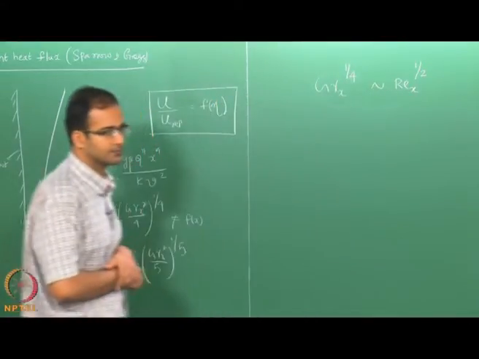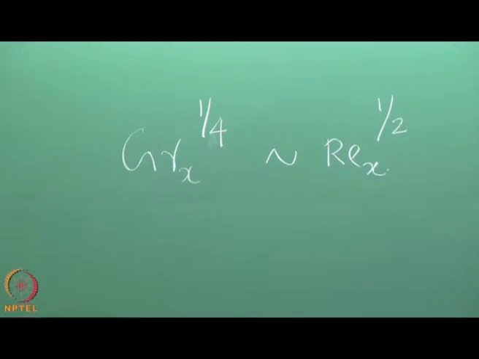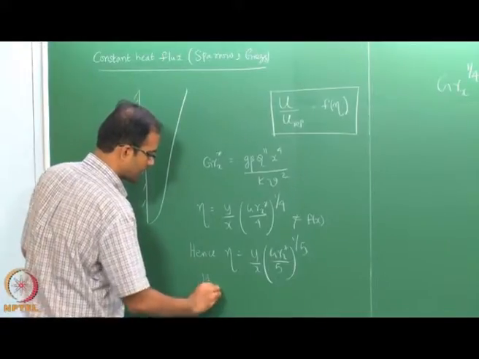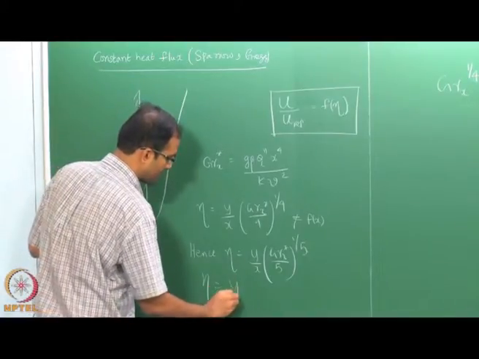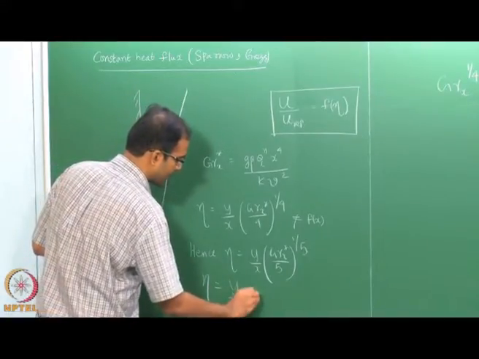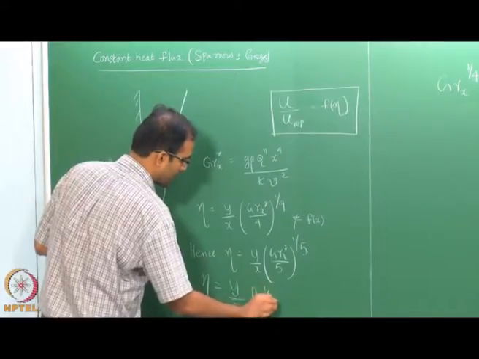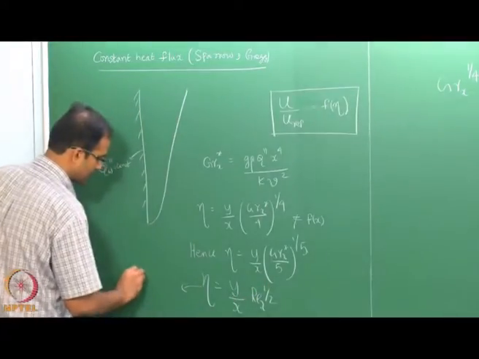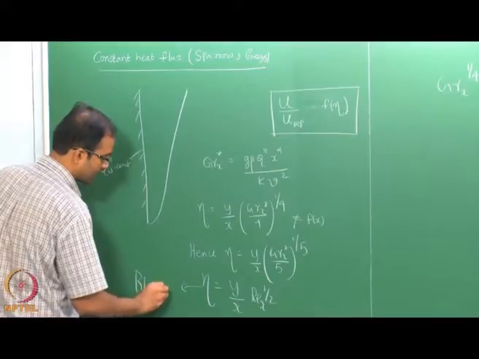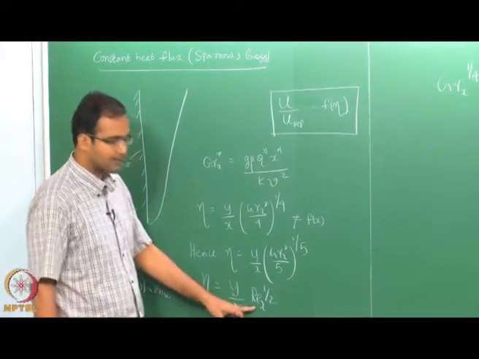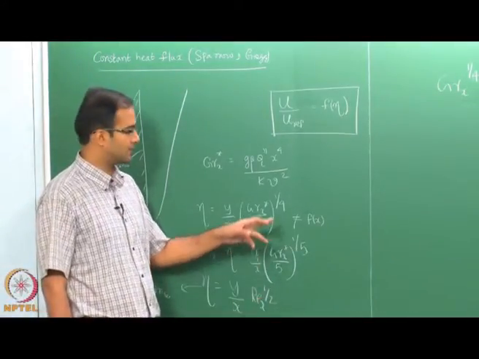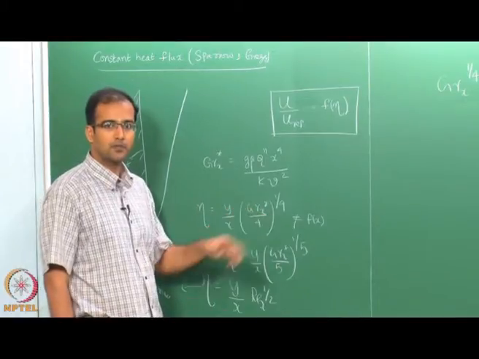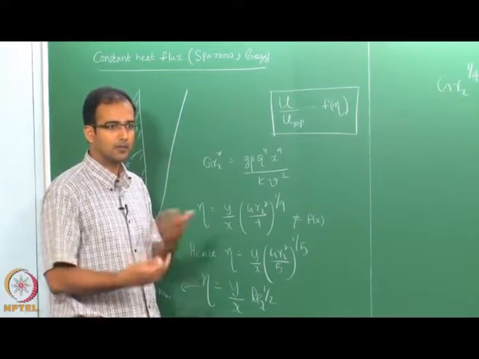Wherever we had a similarity variable in the original Blasius equation, if you remember, this was y by x times Rex to the power half. This is your Blasius similarity variable. We replaced Rex to the power half with Grashof number to the power 1/4 here. That is how Polhausen started.